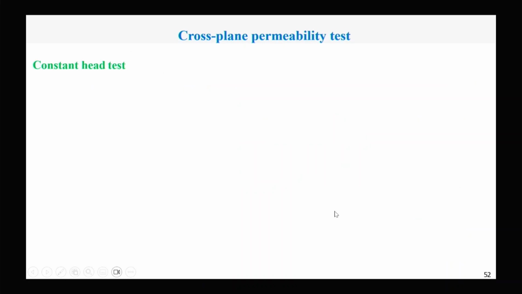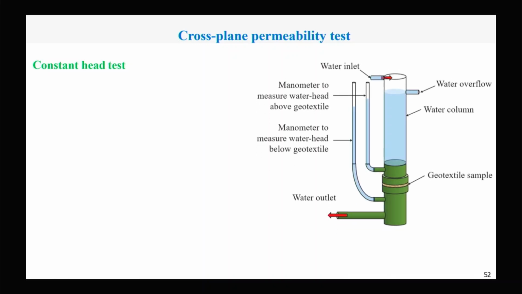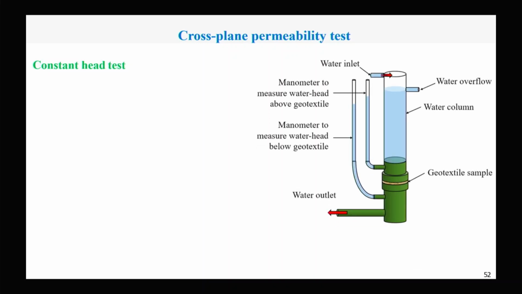Now, the cross plane permeability test. You can see this is the instrument where a constant water height is maintained by the water overflow arrangement. The water inlet is constant, and the overflow is there, so we can maintain the constant water head.